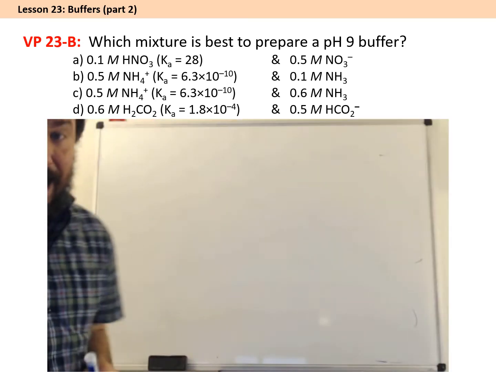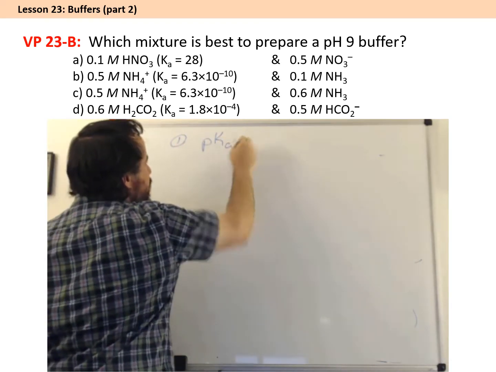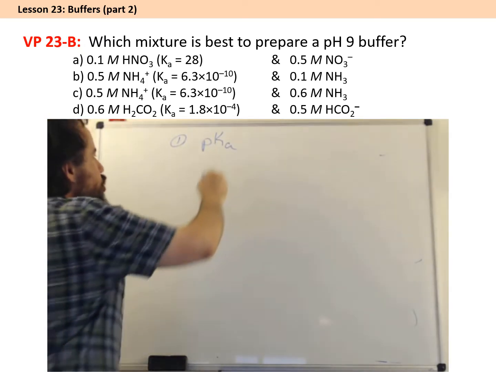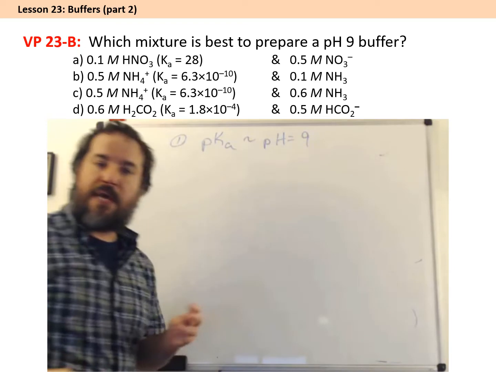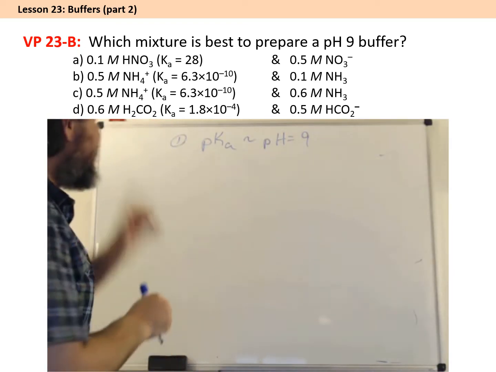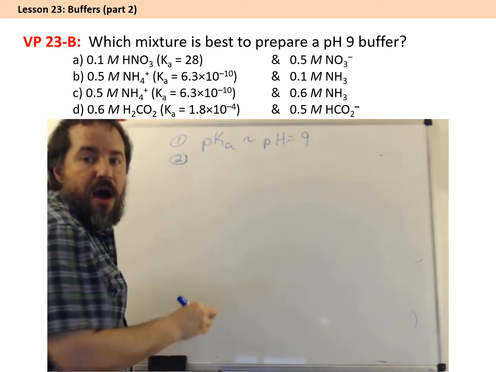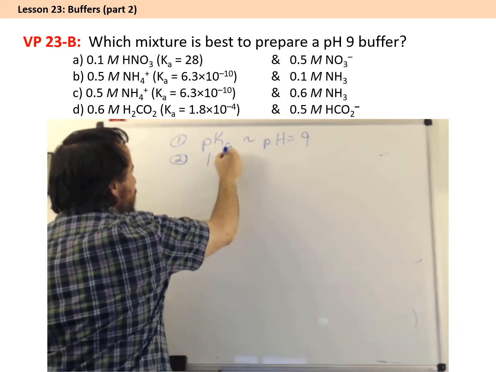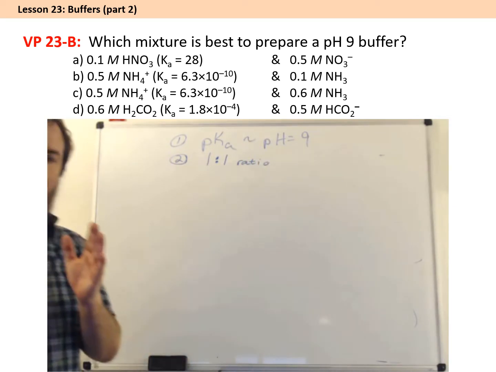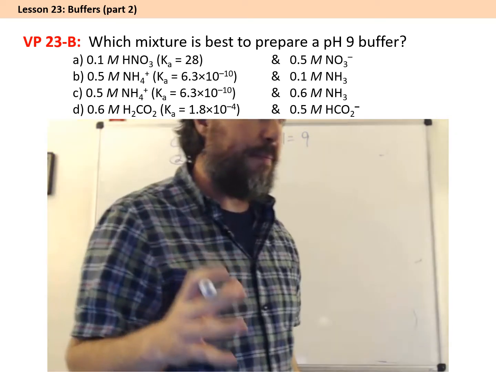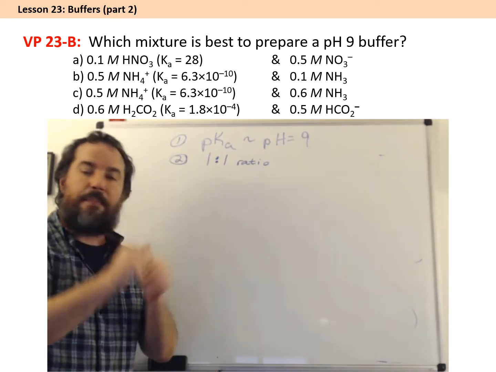The first thing is that the pKa of my weak acid should be close to the buffer I want. In this case, that's pH 9. The second thing is that I want a ratio of acid to base of about 1 to 1. Okay? This just means if I have a 1 to 1 ratio, it has more buffer capacity, right? It'll stay a buffer longer.